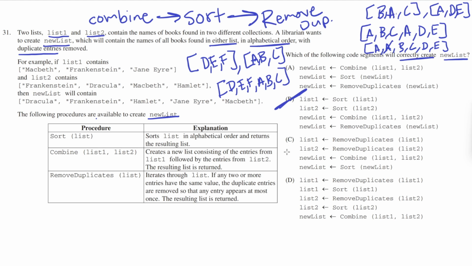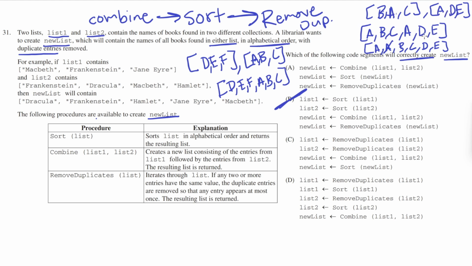Now this is a problem because you can remove duplicates from either list, but you have to remove them also after you combine them, because when you combine them, there might be duplicates. Consider this example up here. B, A, C has no duplicates, so if you run remove duplicates on list 1, it wouldn't remove anything. And the same with list 2. A, D, E, there's nothing repeating.